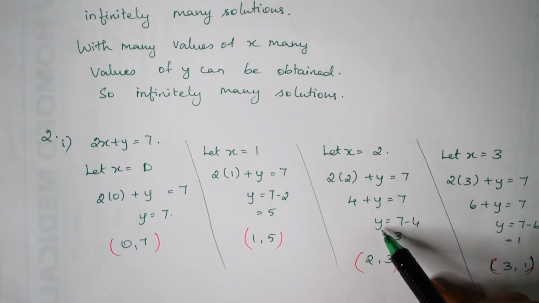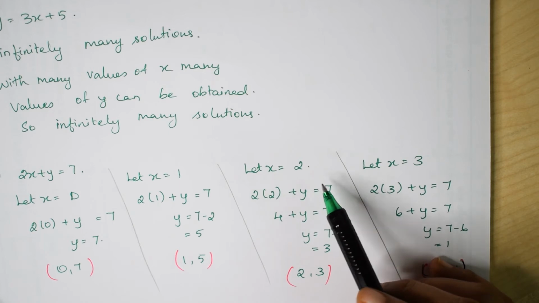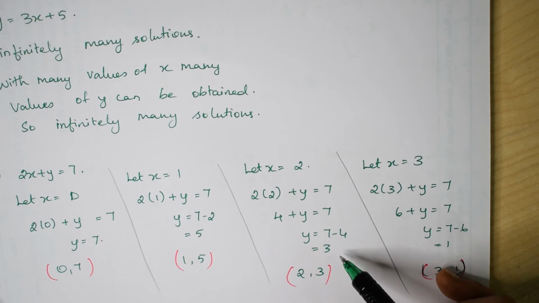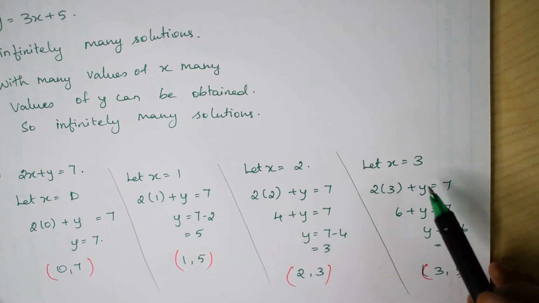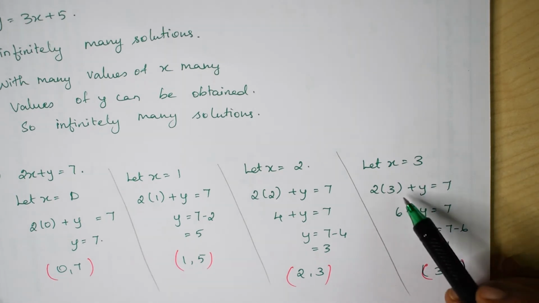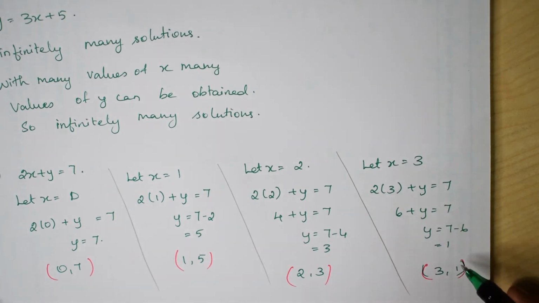The third point: for the given equation I am substituting the value of x to be 2, and when I substitute I get y's value to be 3. So this point 2, 3 also falls on the same line. And then one more point: let me consider x is equal to 3, and when I substitute 3 in place of x, I get y's value as 1, and so 3, 1 becomes the fourth coordinate.